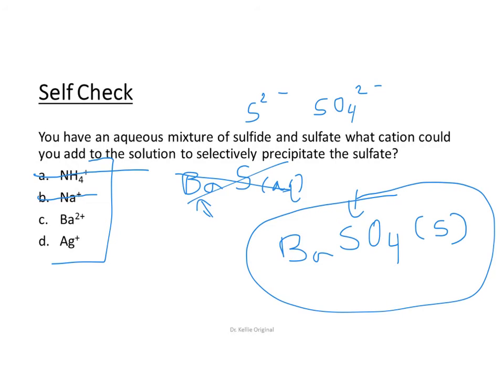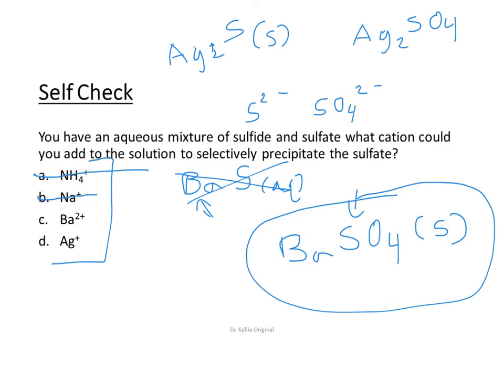What about silver, you're saying? Here's the problem with silver. Silver absolutely would react with sulfide, and anything that contains sulfide is a solid. So yes, silver sulfide would form a solid. However, silver is also one of the exceptions to the sulfate rule.